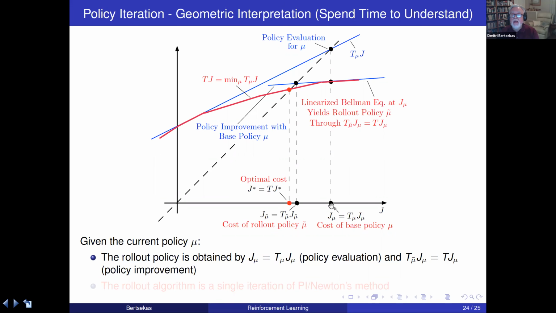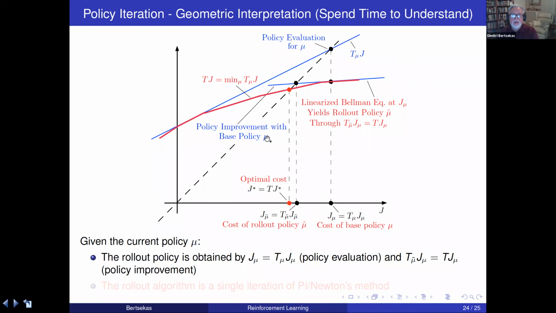And this is the policy evaluation phase of policy iteration. Given a base policy, we find its cost as the point of interception of these two lines, or two planes in a more complicated figure.